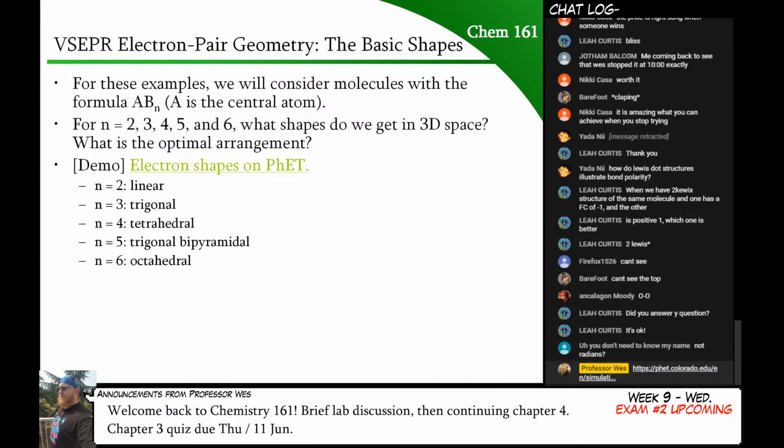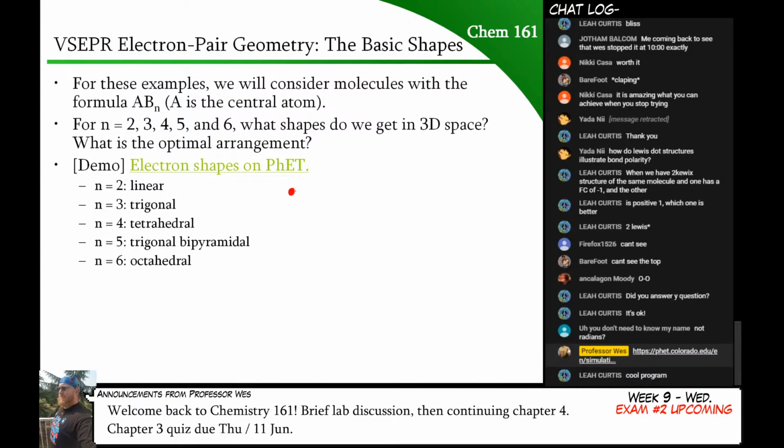So for something that has two entities connected to its central atom, the shape that we end up with looks like this. And yeah, it's a really useful program. I definitely recommend playing around with it to just see the shapes, because me talking about this and drawing it in 2 dimensions is very different than you manipulating it in 3 dimensions.